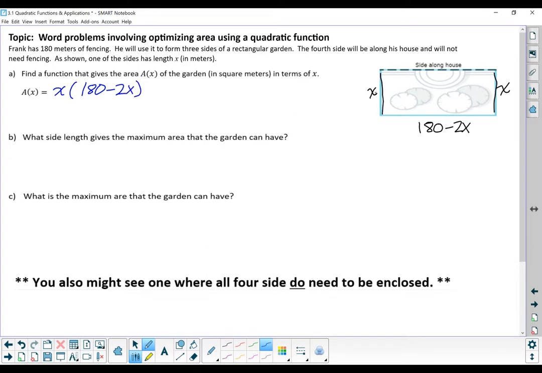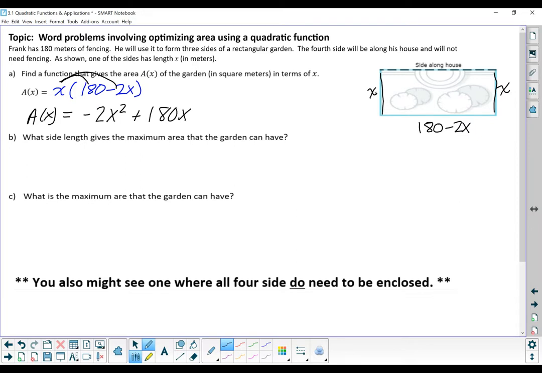And we are going to find the maximum area of this garden. So we want to put our function into standard form. So the area, if I distribute this, I have 2 terms. Leading term is going to be negative 2x squared, and then we'll have a positive 180x.